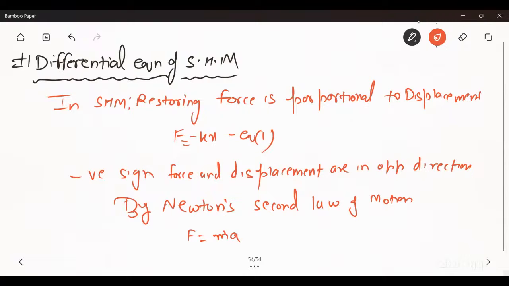Newton's second law of motion states that force is directly proportional to rate of change of linear momentum. So F is equal to ma.